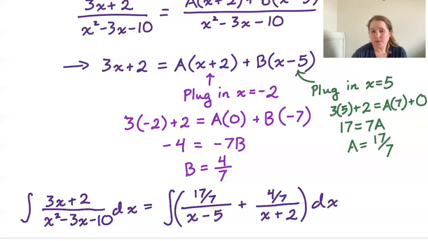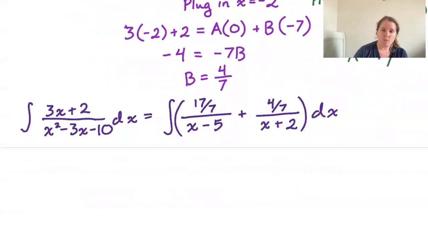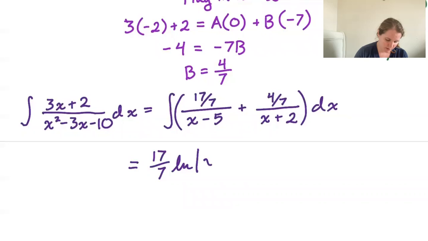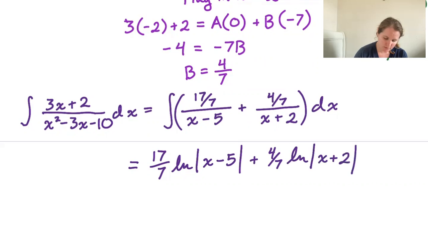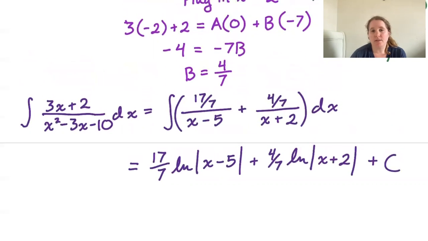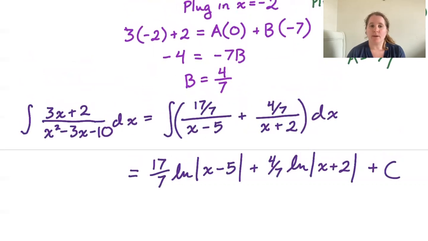And then each of those is essentially a 1 over a linear factor, and so we can do our standard integration with natural logs. We get 17/7 times the natural log of the absolute value of x minus 5, plus 4/7 times the natural log of the absolute value of x plus 2, plus C.